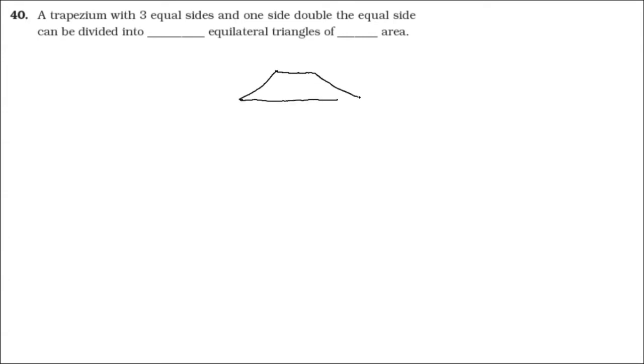This is a rough figure. According to the question, there are 3 equal sides of the trapezium and another side is double the equal side. It means that this is A plus A. This is our trapezium.